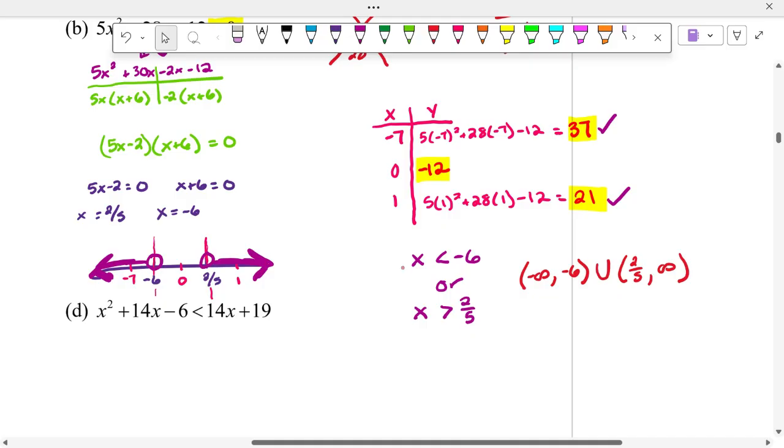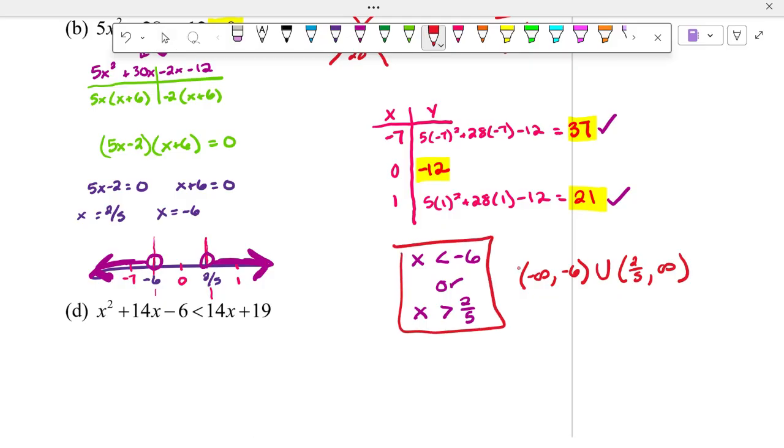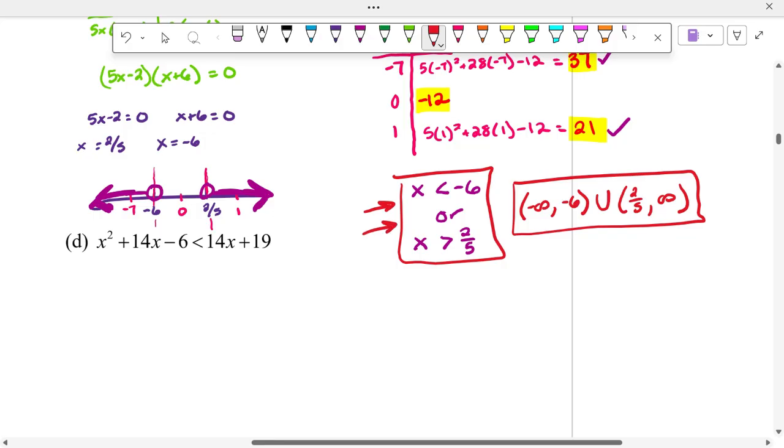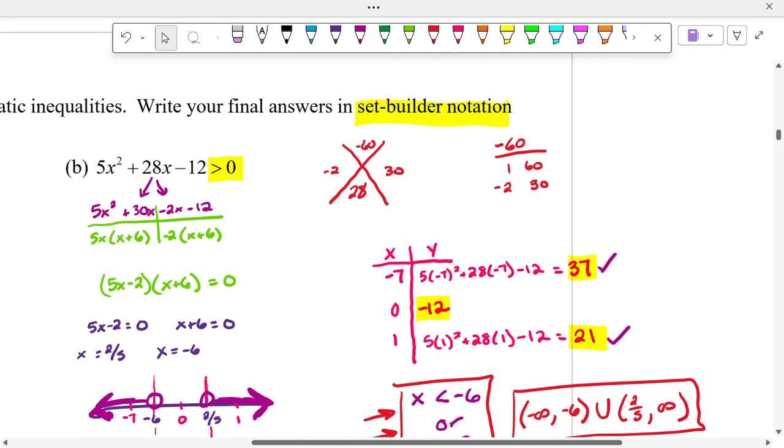That's your final answer. So either one of these can be considered your answer. Typically, I would want it like this. Open or closed: if you look at your original, if there's no equal to symbol underneath it, it's open. If there is, it's closed.